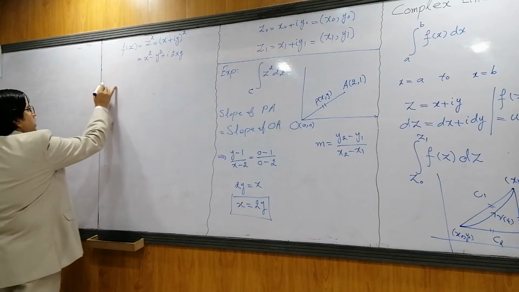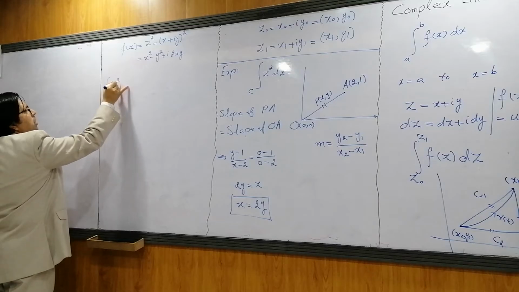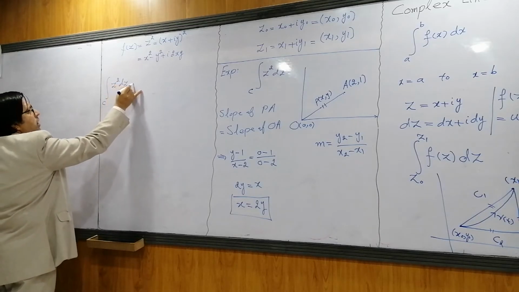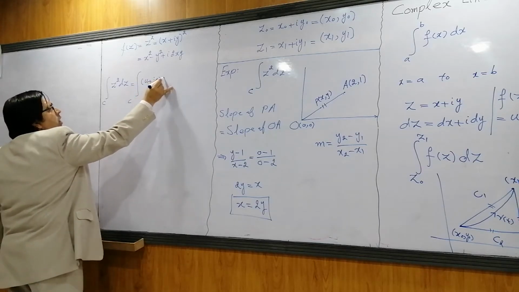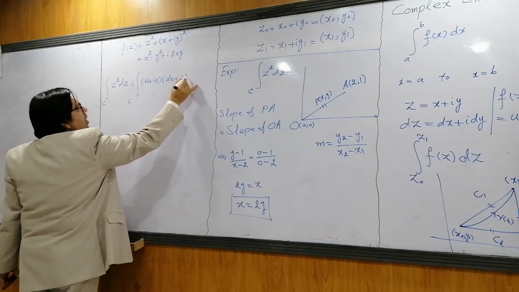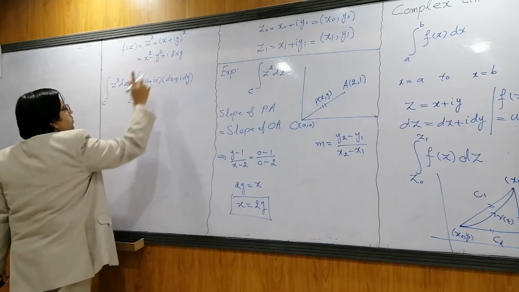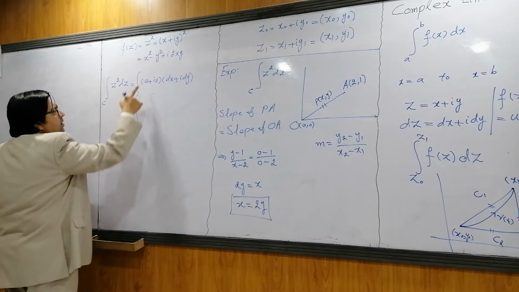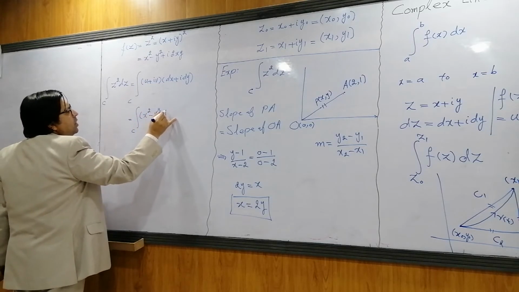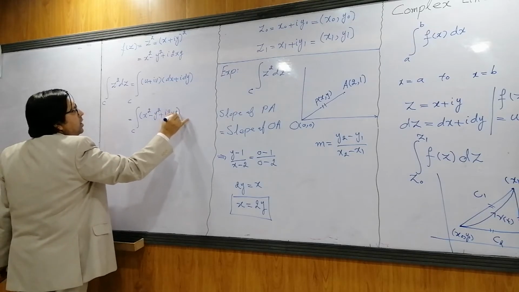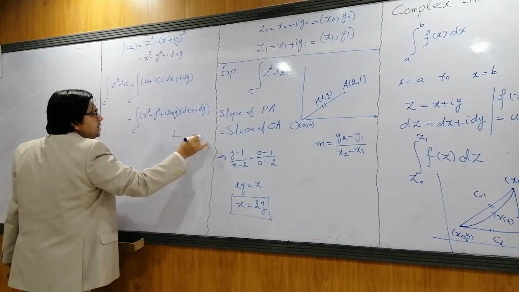The integral of z square dz is equal to the integral of u plus iota v into dx plus iota dy, which is x square minus y square plus iota 2xy, into dx plus iota dy. Let this be equation number 1.